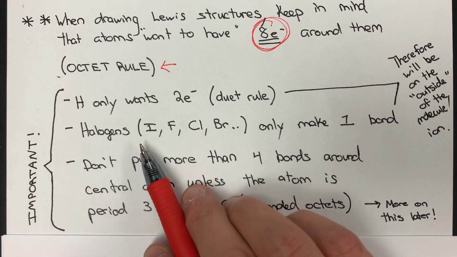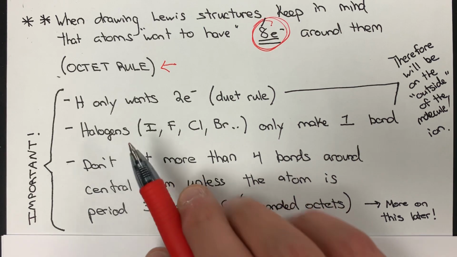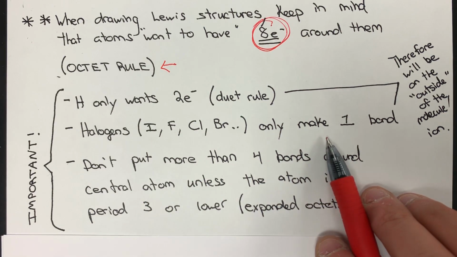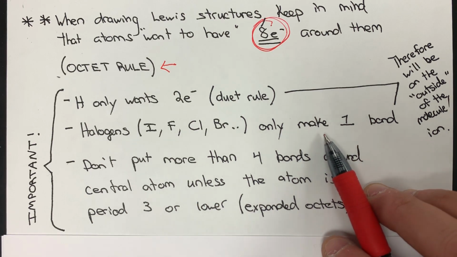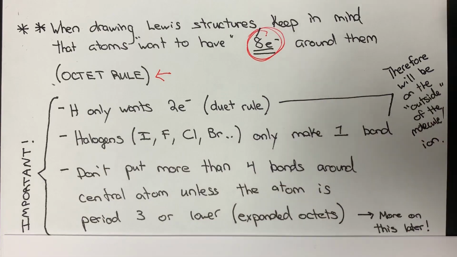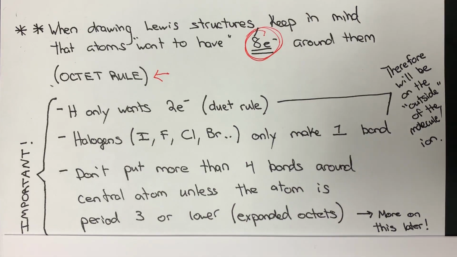Likewise, halogens are also going to find their way on the outside of a molecule because they only ever make one bond. They have 7 valence electrons. They merely need an 8th in order to have that full octet. So both hydrogen and halogens, we're looking for those to never be central atoms.